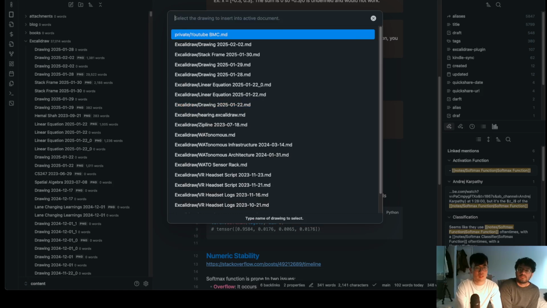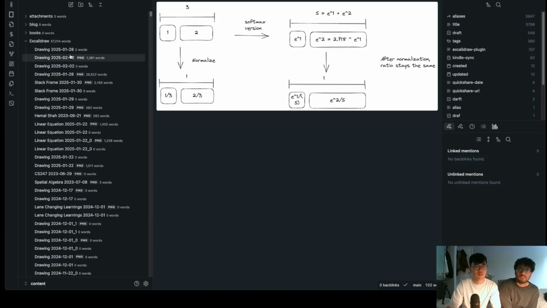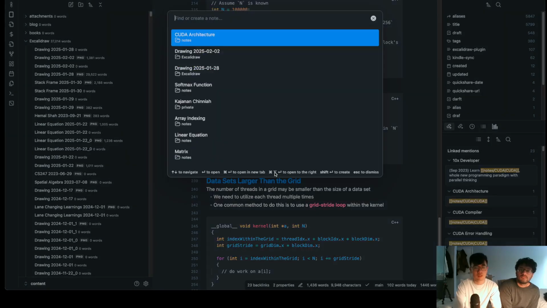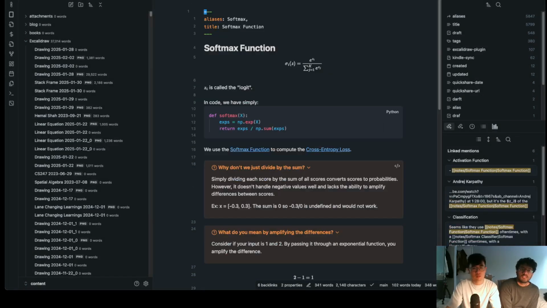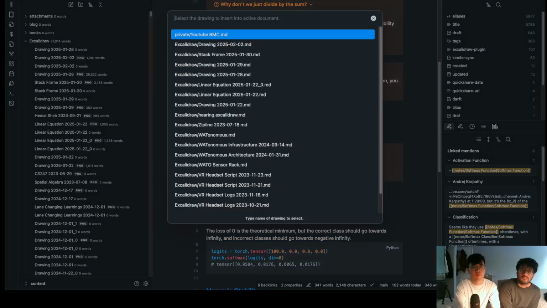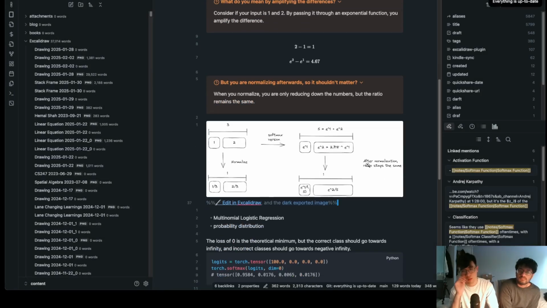Embed a drawing, and then... No. It was the one I just drew. That one, 0202, computer architecture. Softmax.